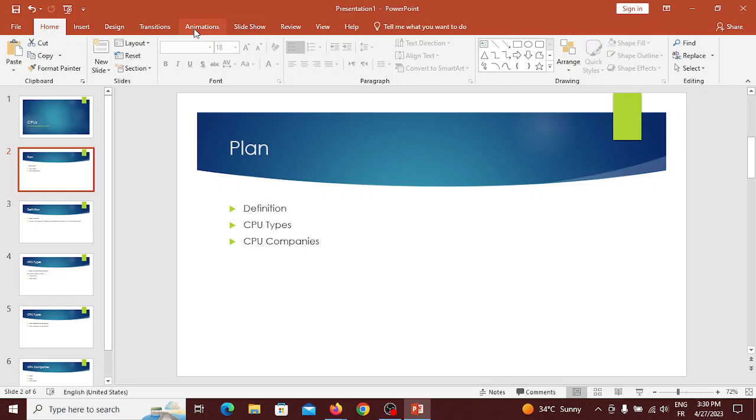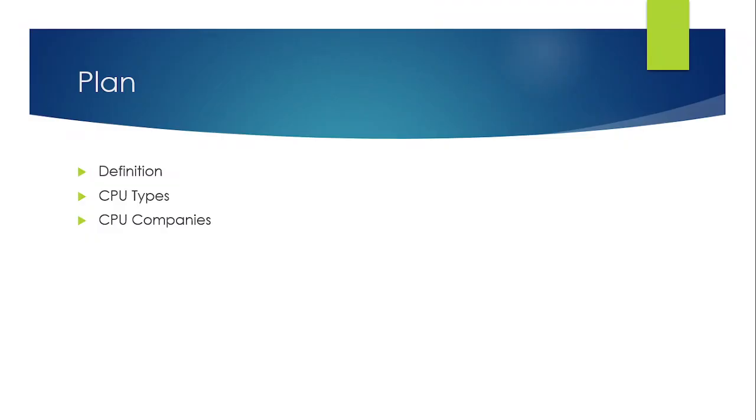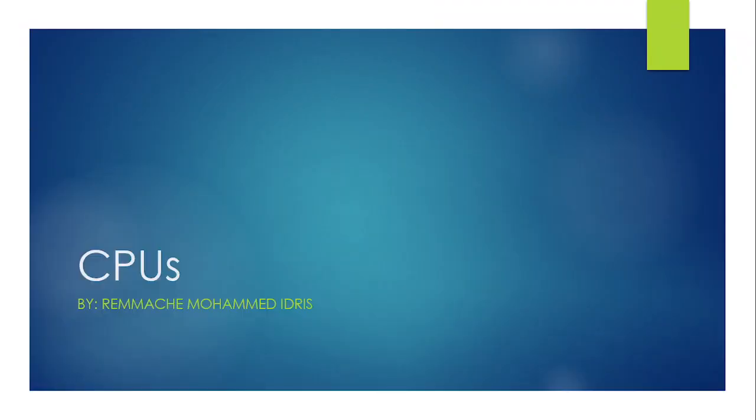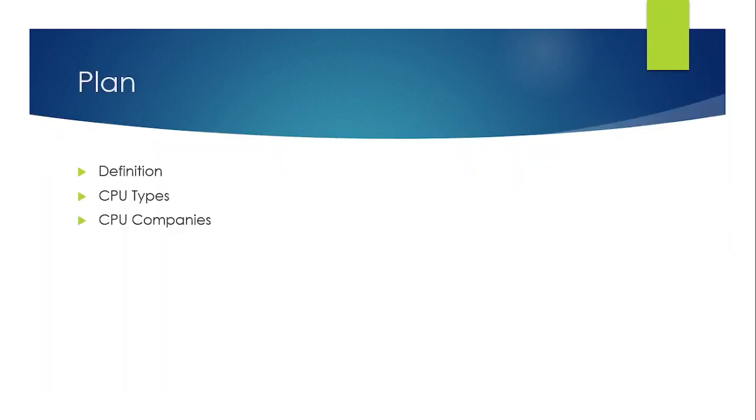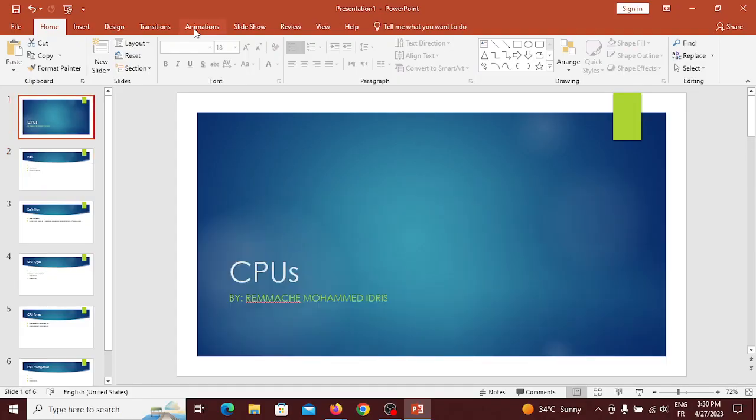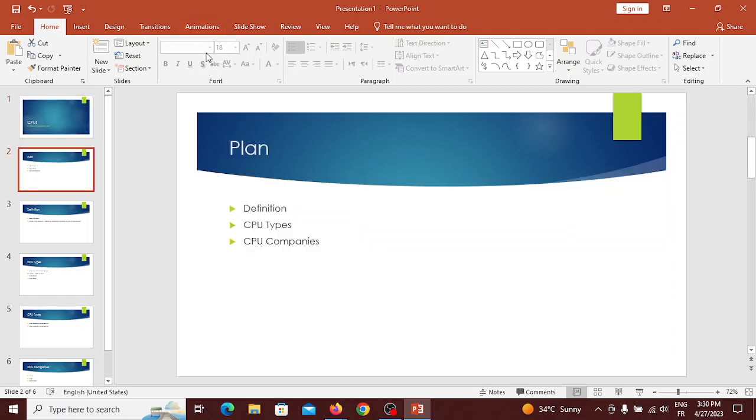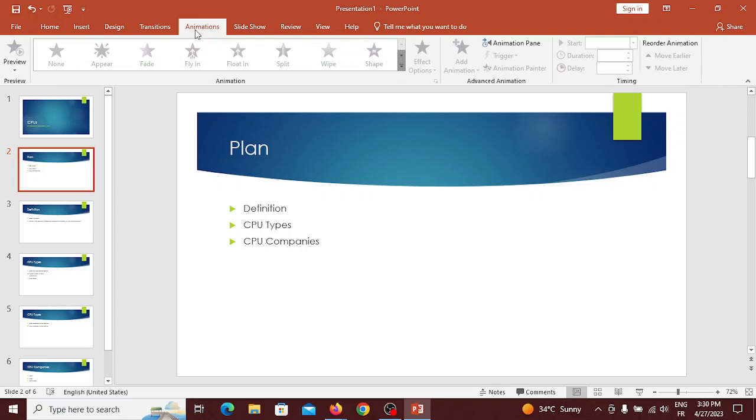For example, now if we move on from slide to slide, it's really not that well presented. But if we use animation by going to the animations tab, now we can use animations.